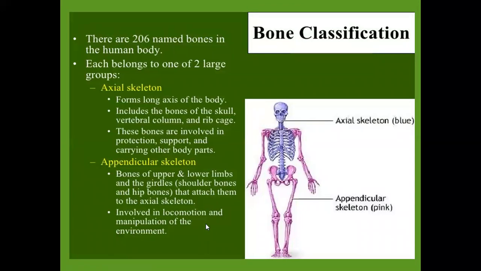I told you how many bones are in a human skeleton. There are 206 bones, organized into axial skeleton and appendicular skeleton. The axial skeleton consists of 80 bones, composed of the head and trunk of the body.